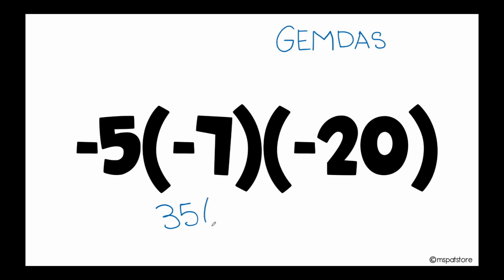Then I'm going to bring down the other symbol and number that I didn't use. So in this case, remember, if this is empty, it is multiplication. So now I need to do 35 times negative 20, which is equal to negative 700. Okay? Different signs, my answer will be negative.